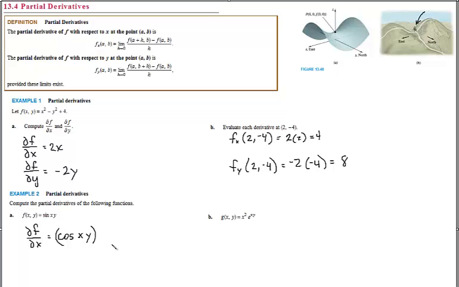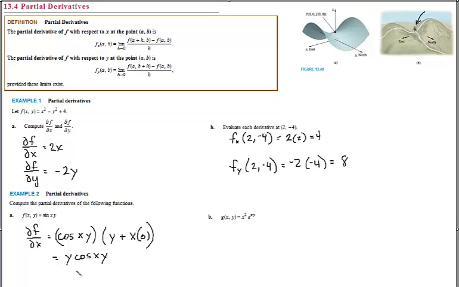The derivative of the inside involves the product rule. That means I would take the derivative of x, which is a 1, times y, add to that, leave the x alone, take the derivative of y, but that is a constant, so that would be 0, and this will then be y cosine xy.